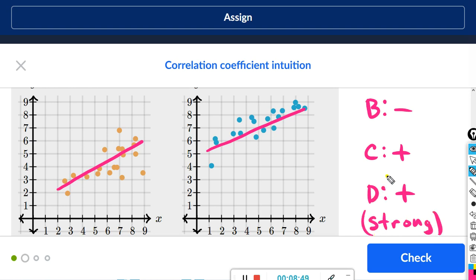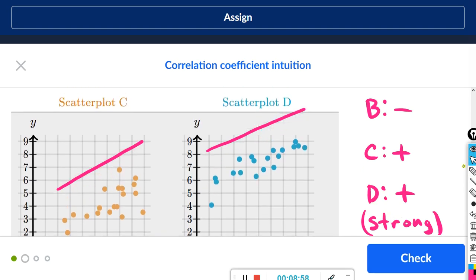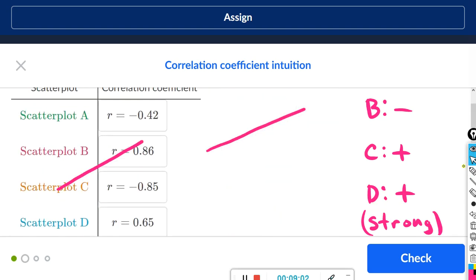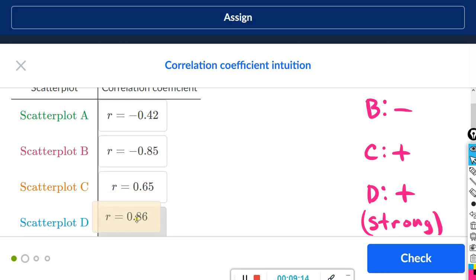Okay, so C and D are both going to be positive, but D is going to be the one that's closer to +1. All right, let's check it out. D is going to be closer to +1. So 0.86 is closer to +1 than 0.65.